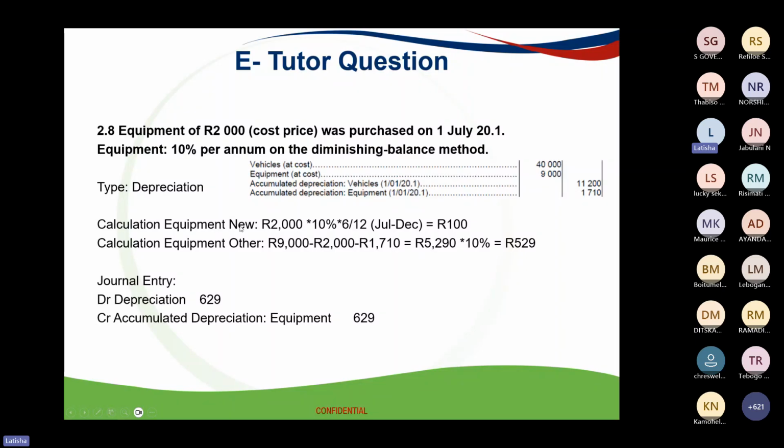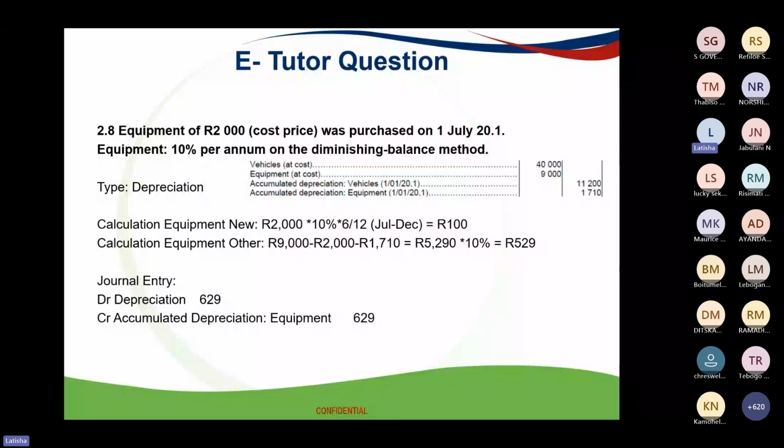And the answer is also very simple, right? The equipment was only bought during this year. So because the new equipment was only bought on the 1st of July, so in the current year, there is no accumulated depreciation. Remember, accumulated depreciation is the sum of all the prior year's depreciation.